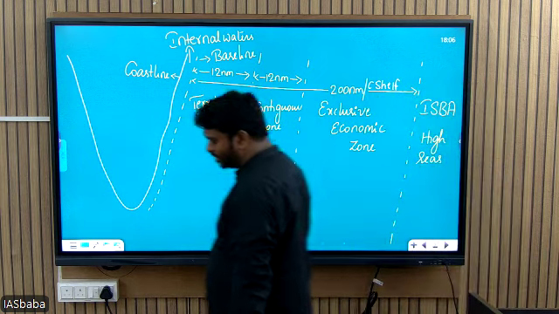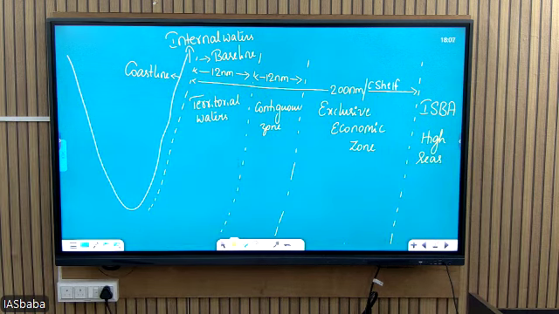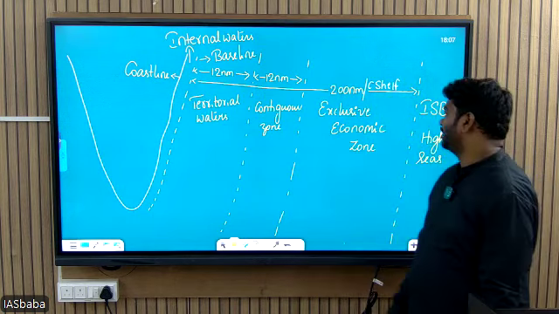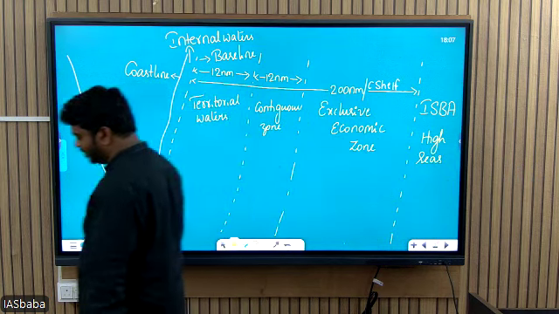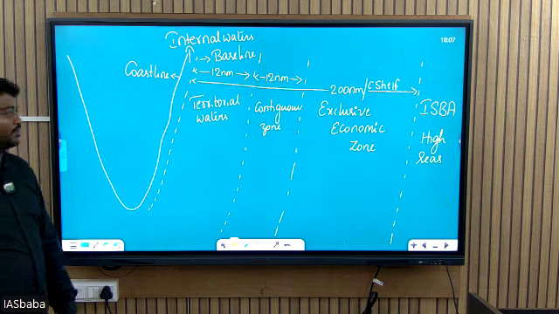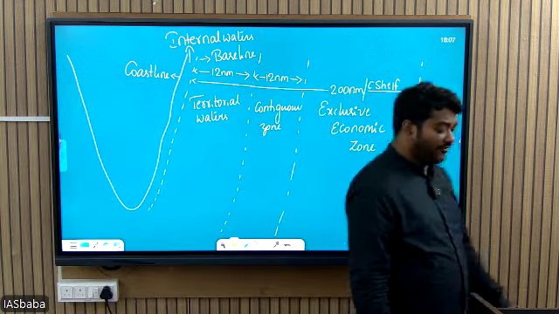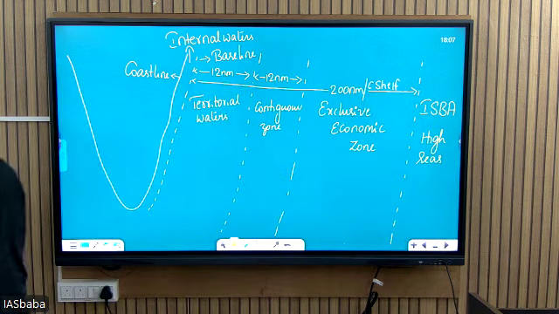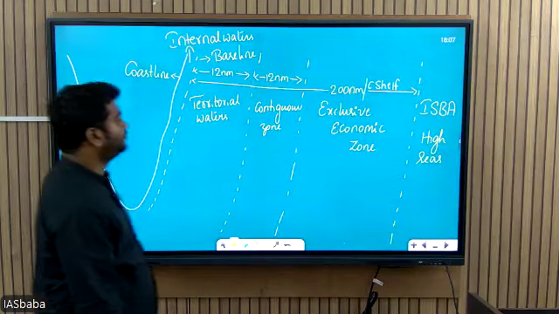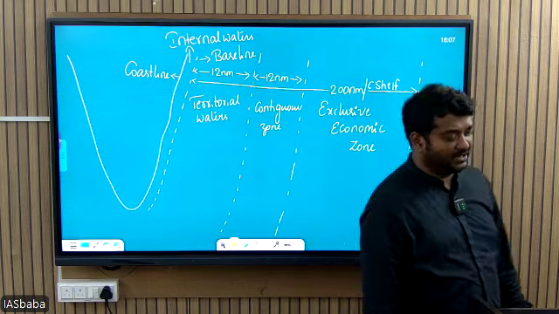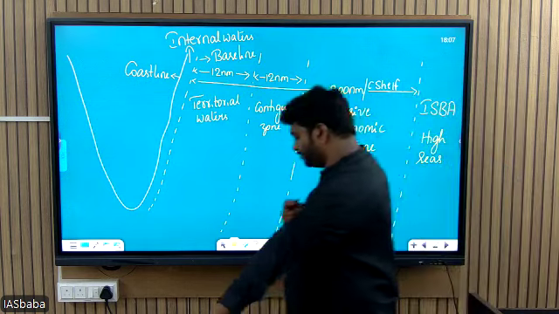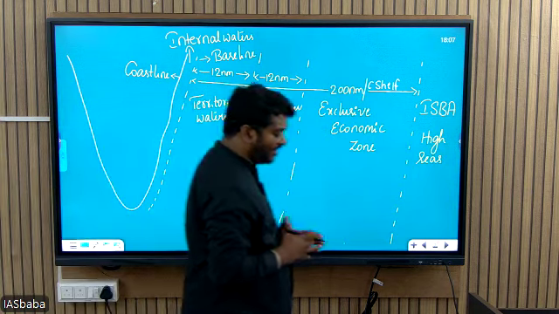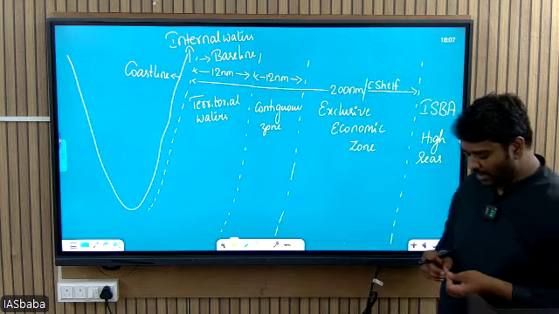Next, exclusive economic zone. Hyphen. It is 200 nautical miles from the baseline where the country will have economic sovereignty and the entire area belongs to them.